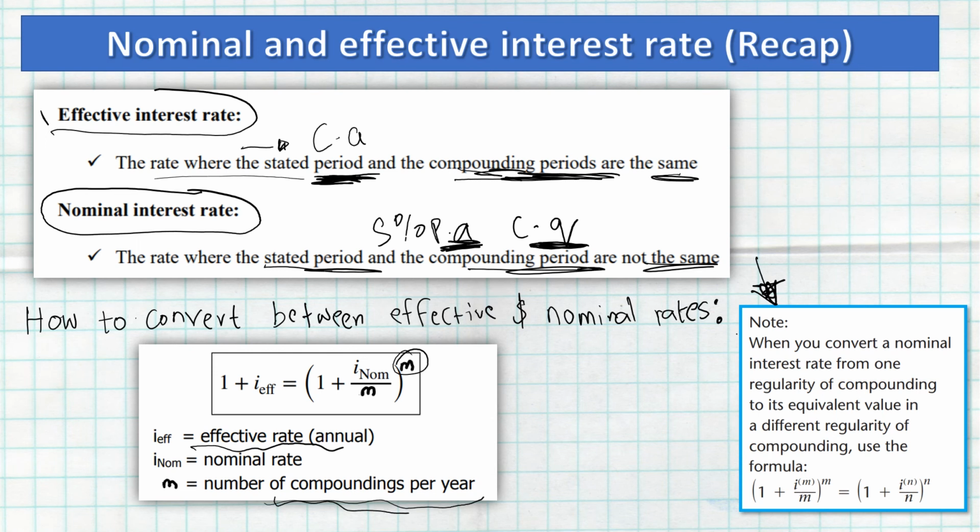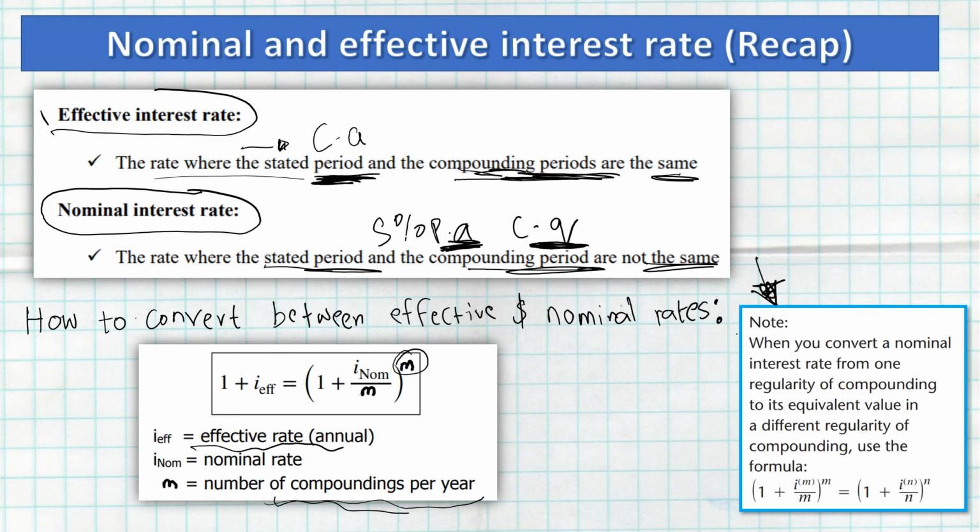For example, you can be given 5% per annum compounded monthly, and you want to convert it into a different interest that is compounded differently, maybe compounded semi-annually.